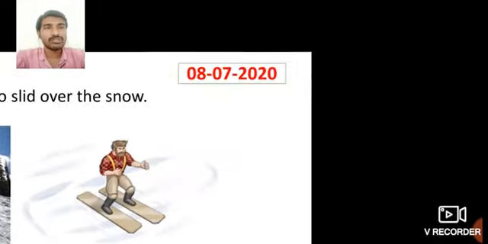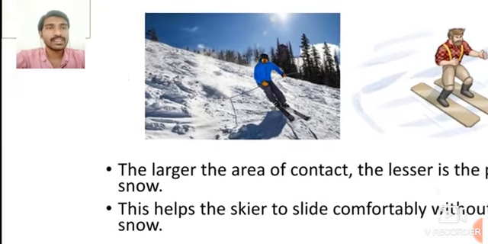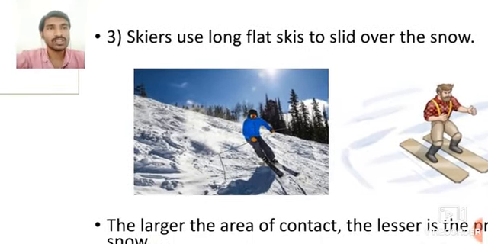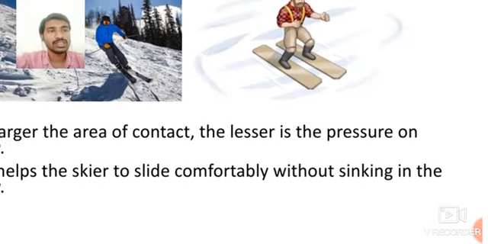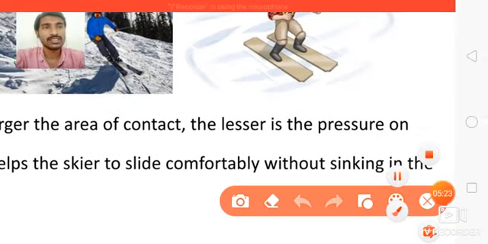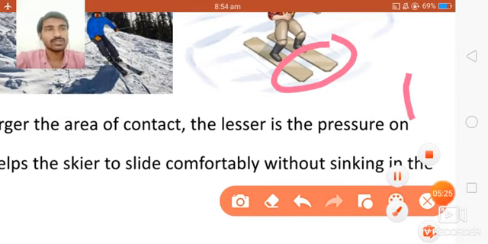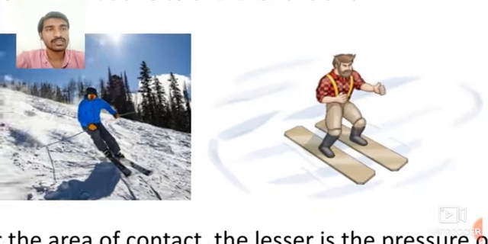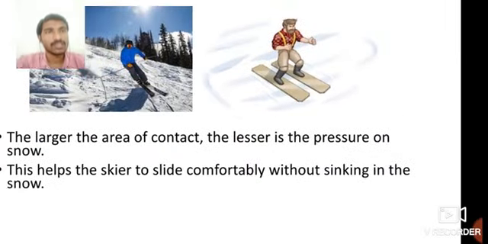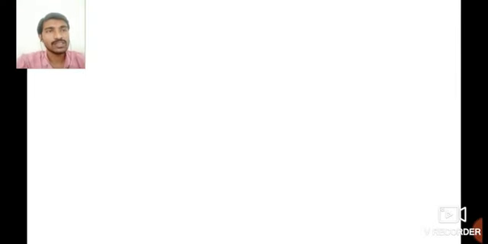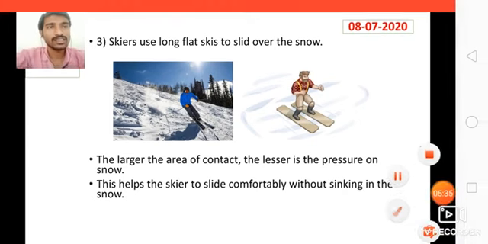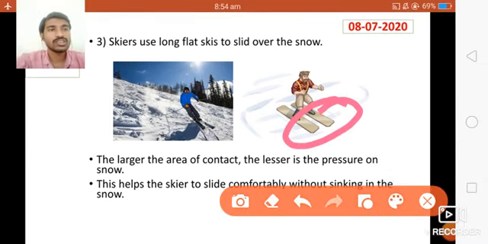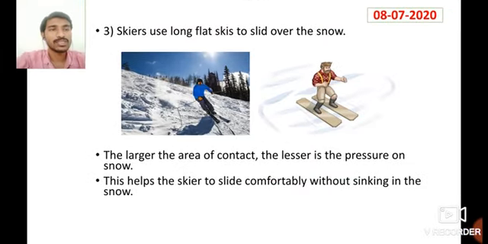See, these are the figures where the skier is sliding over the snow. Here in this figure you can see the skier is using long flat skis. Why are long flat skis used?